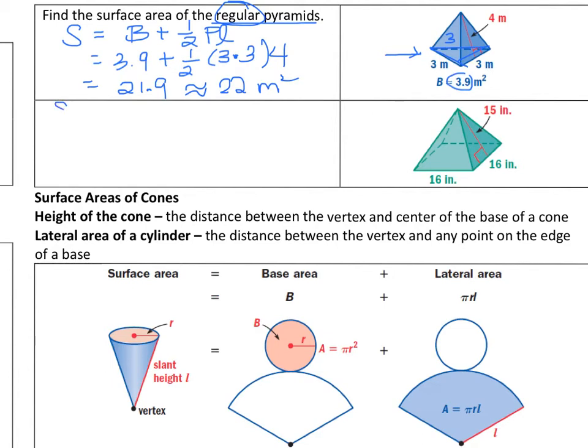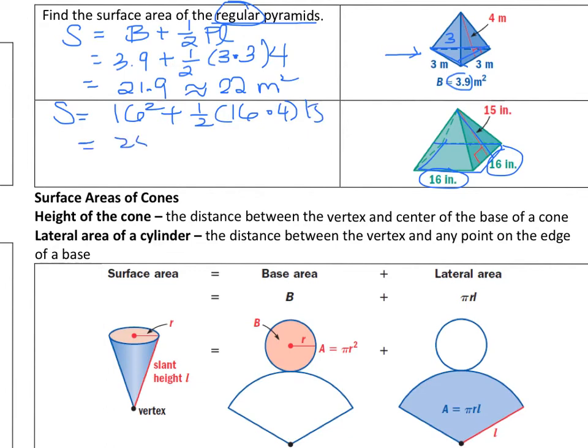Now let's do one more square pyramid. So you got a base of a square, 16 on each side, 16 squared, plus half, 16 times 4 to find the perimeter of the base, and times the slant height, 15.